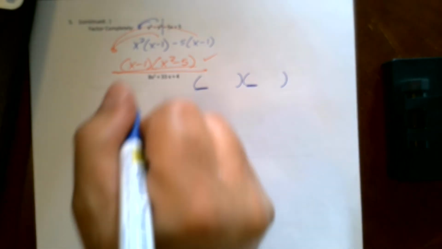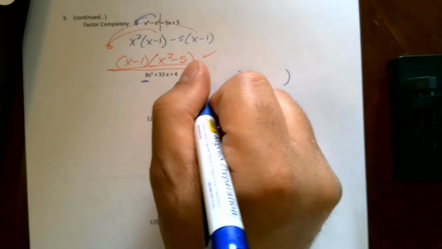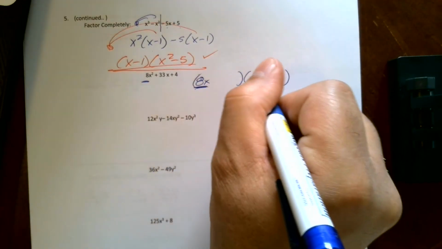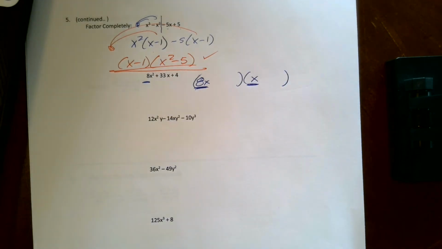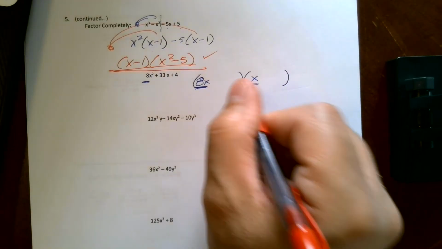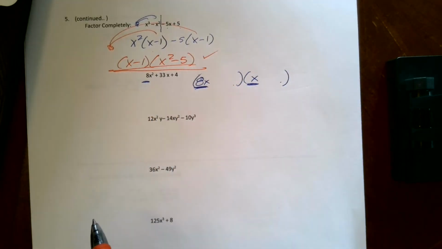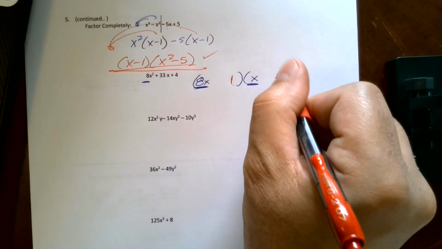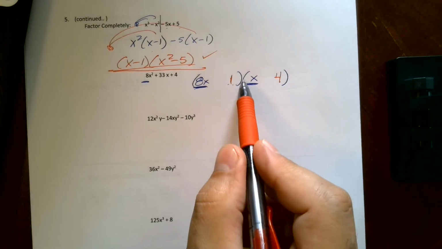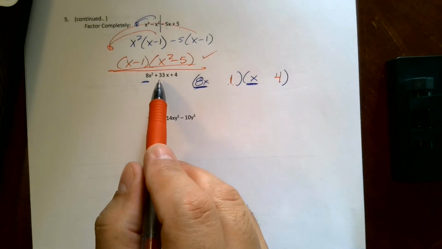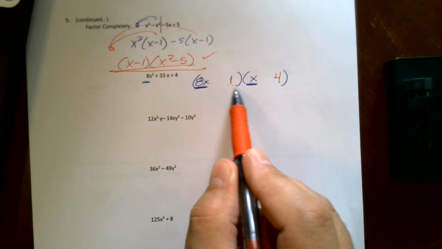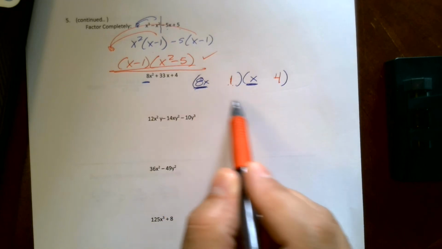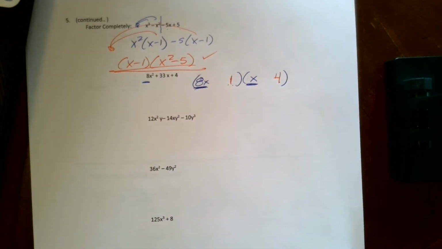What I put here and here has to give me 8x squared. 8x times x. And what I put here and here has to give me my 4, so 1 times 4. My inners and my outers have to give me 33, and they do. 1x and 32x will give me the 33x.